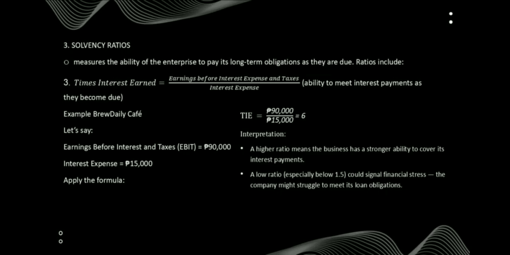Number 3, inventory turnover, with the formula: inventory turnover is equal to cost of goods sold divided by the average inventory. And the last one, average days in inventory, with the formula: average days in inventory is equal to 365 days divided by inventory turnover.